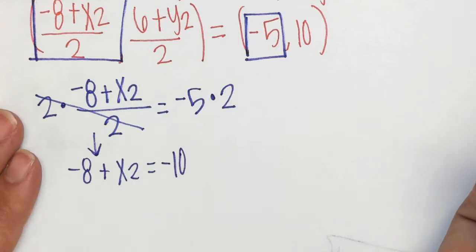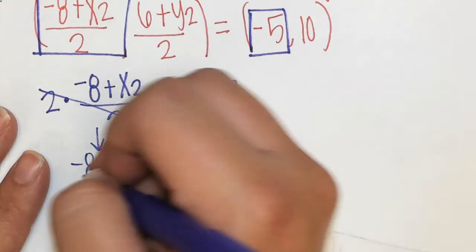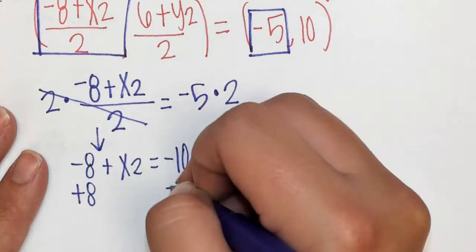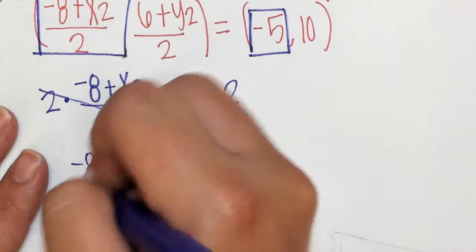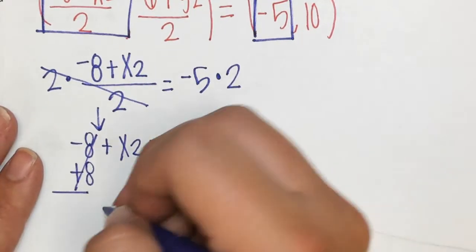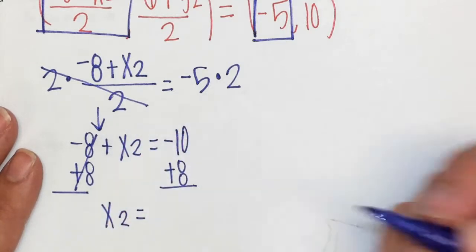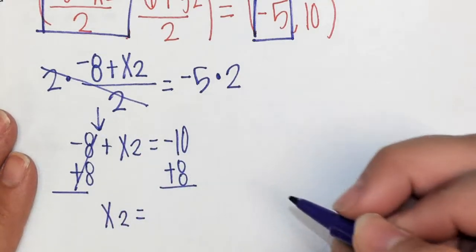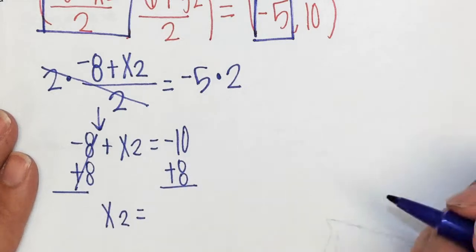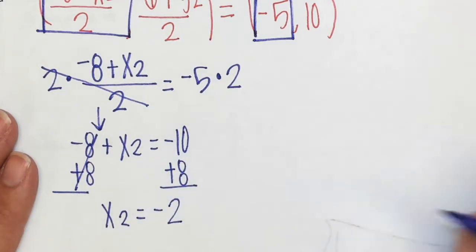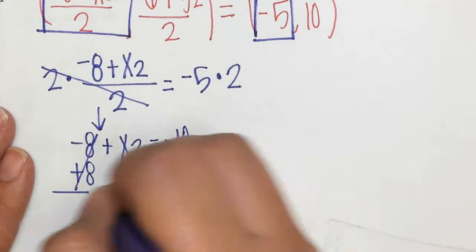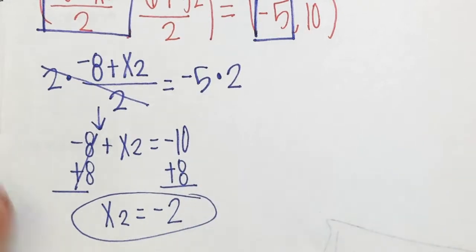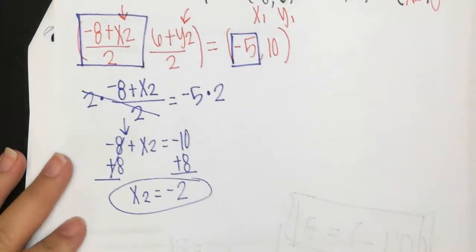What's next? Add 8. Good. Add 8. X sub 2 is equal. Negative 10 plus 8 is negative 2. Good. Save this for later. We're not done. You see what I'm talking about? If you don't pay attention, this problem is very long, and there's lots of steps.